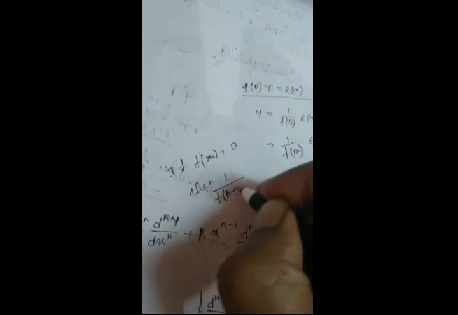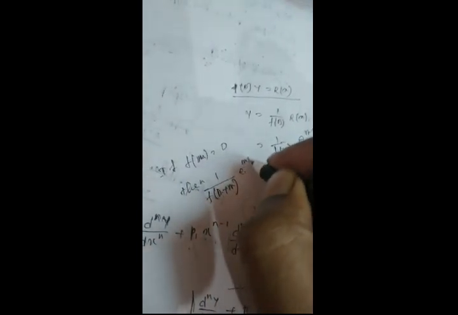Here r of t is equal to 2 into e to the power 2t, and by this formula m is equal to 2, so if we put theta is equal to 2, then this will be an obsolete term. So if f of m is equal to 0, then we find the particular integral by 1 by f of D plus m into e to the power mt. Since the function is t, we just put (theta plus 2 minus 2) whole square, 2 e to the power 2t into 1.